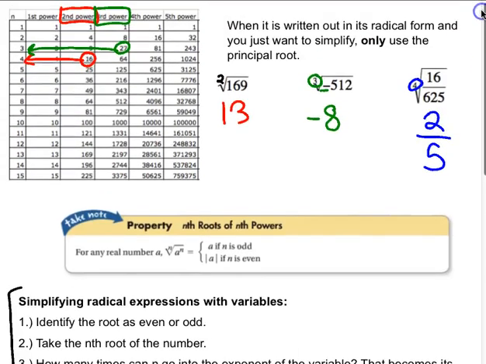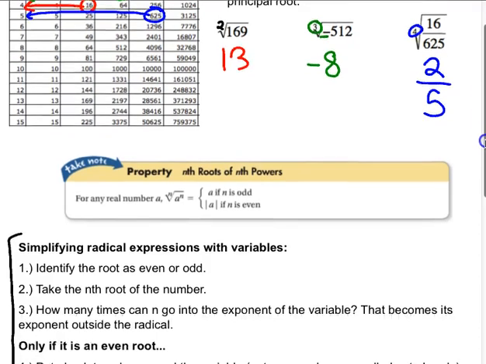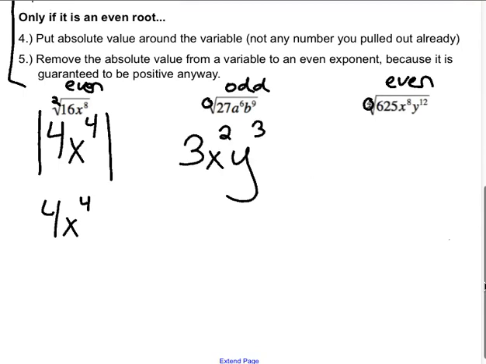So let's look up here. 4th root of 625, that's going to be 5. 4 goes into 8 twice. 4 goes into 12 3 times. And this is the case: it's even, so we need to consider the absolute value.